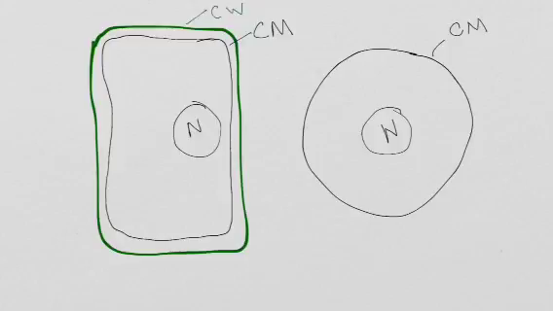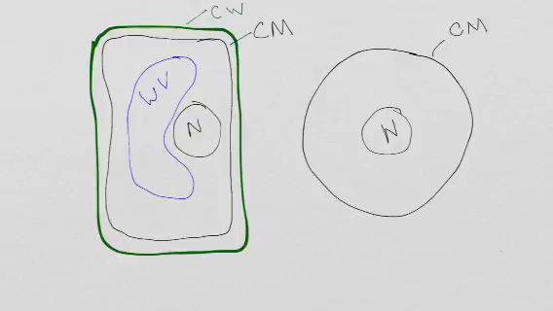Usually 1, 2, max 3. But it's often only drawn as one very large water vacuole. And it's so large that that's what pushes the nucleus off to the side. So this is my water vacuole.